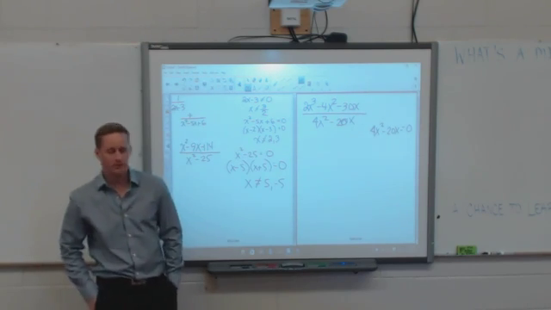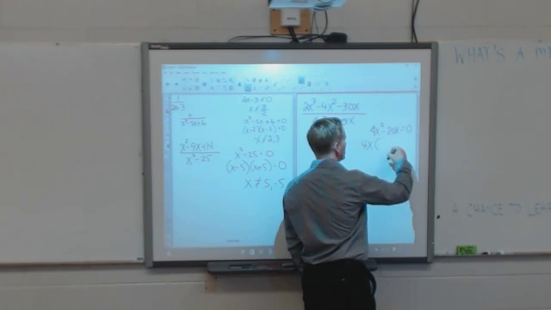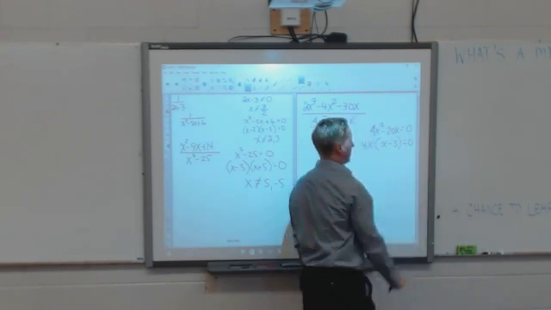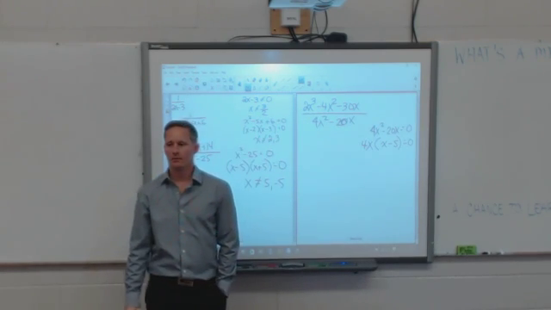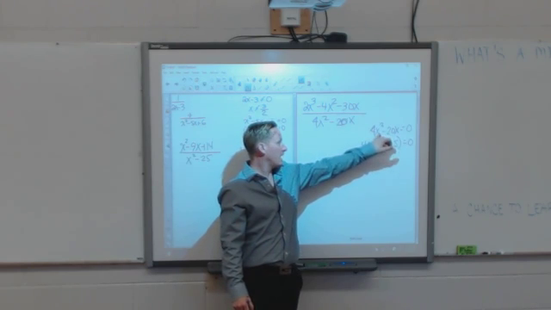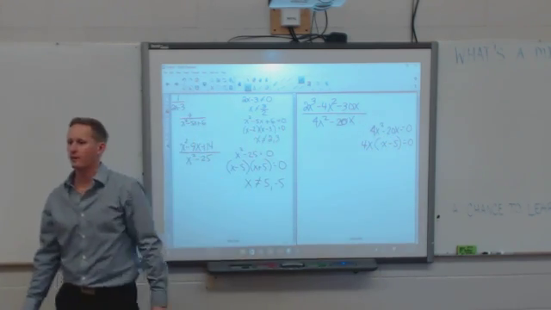What is it? 4x. Yes, it is. Which leaves me with x minus 5 equals 0. 4 goes into 20, and x goes into x squared. So we've got a major factor there.